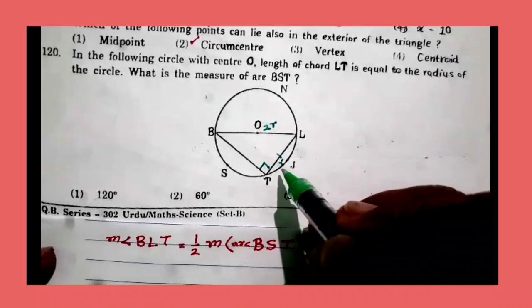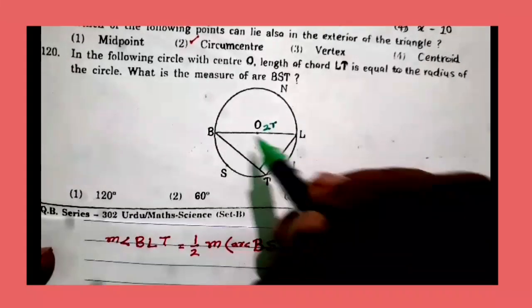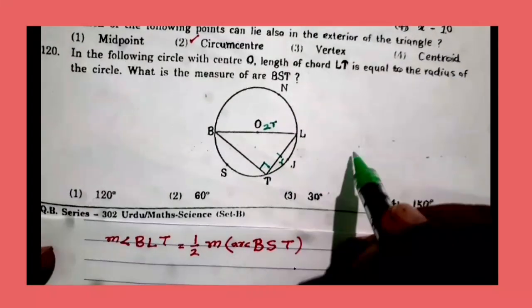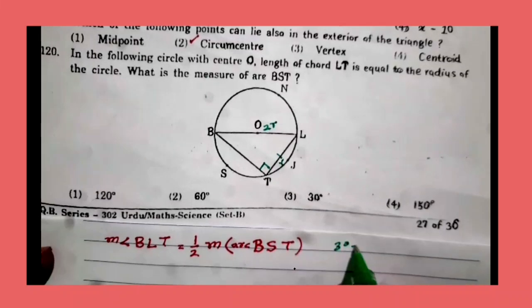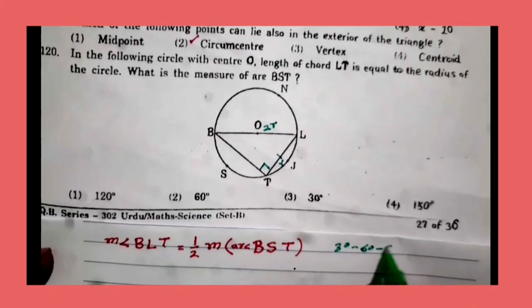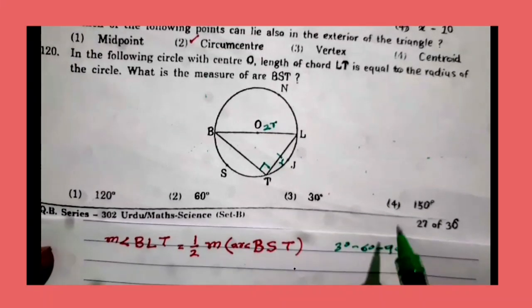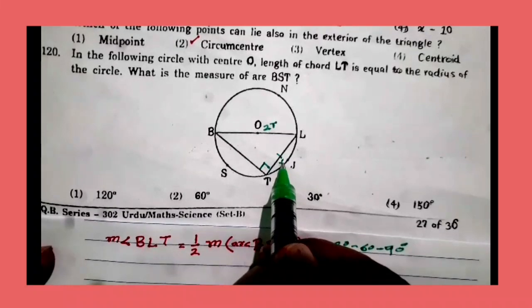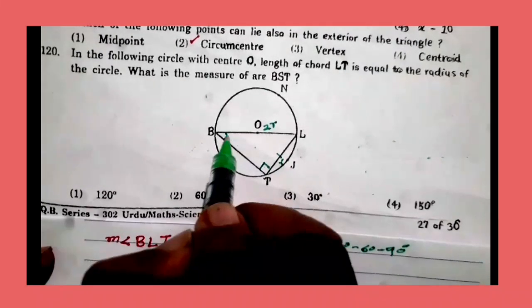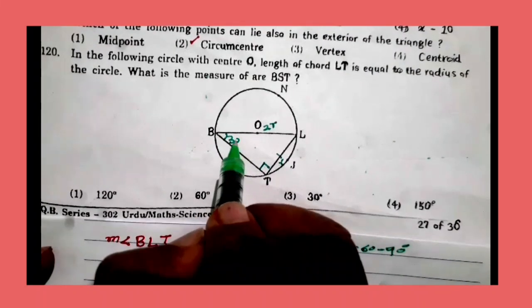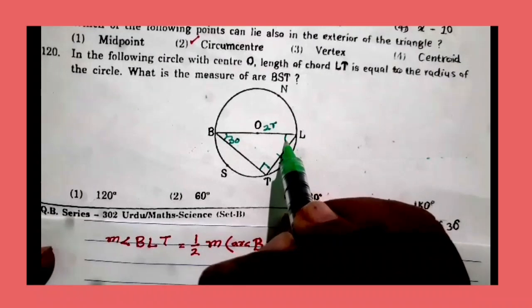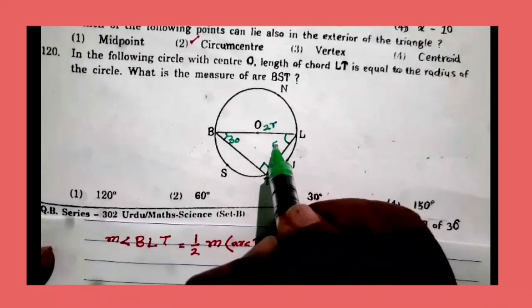That is, this triangle is a 30, 60, 90 triangle. The opposite side of r is this, this is 30. So this angle is 60.